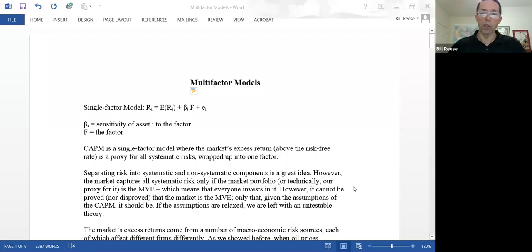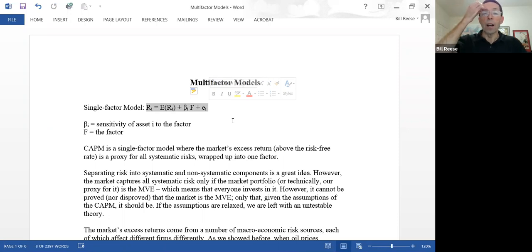Okay, so you should be able to see that. And this starts off the same way as we did with our single factor model. For our single factor model, the actual return, R sub I, was equal to the expected return plus the sensitivity to the factor, the one factor in a single factor model, plus an error term.